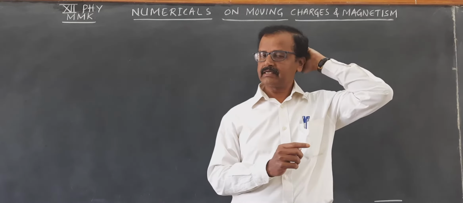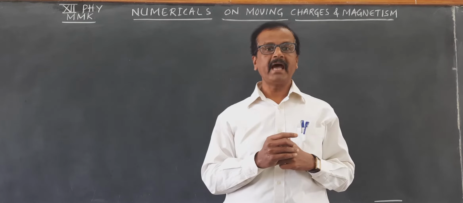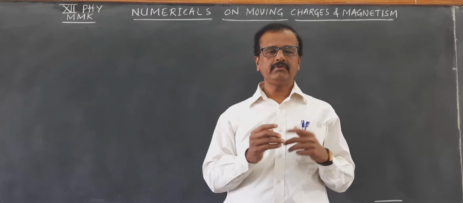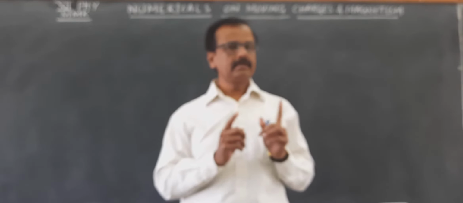Now today let us learn about conversion of a galvanometer into an ammeter. You know, an ammeter is a device which is used to measure the current.